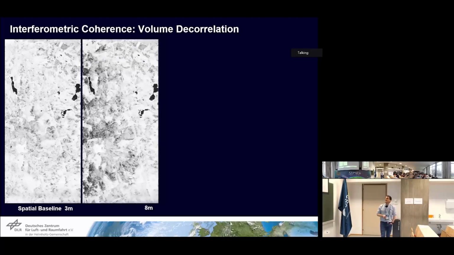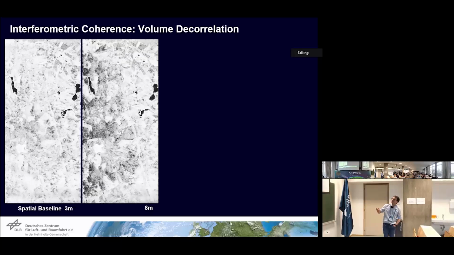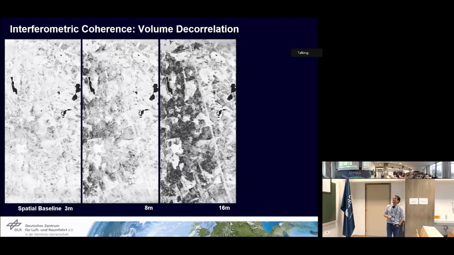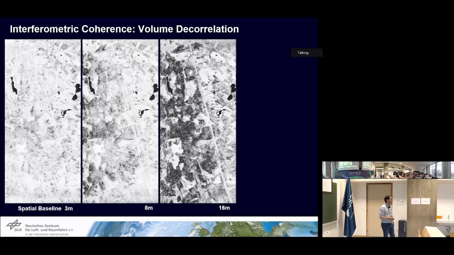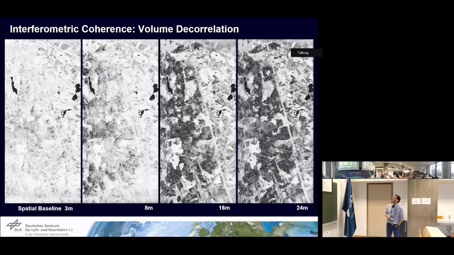Let's increase the baseline. Now this is a baseline that tells you something more. Now you see that the contrast between the surfaces and the volumes and forests starts to be stronger, so you start to have a better idea. Now you make your baseline even larger, and you see that the contrast increases even more, and so on.